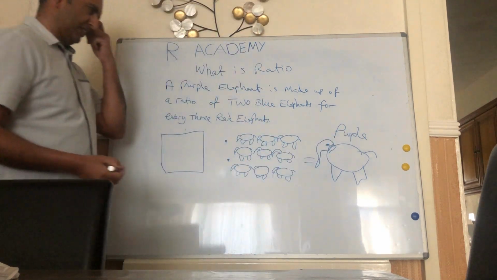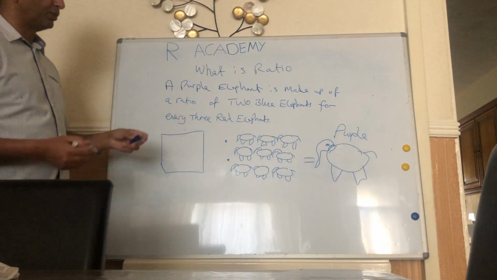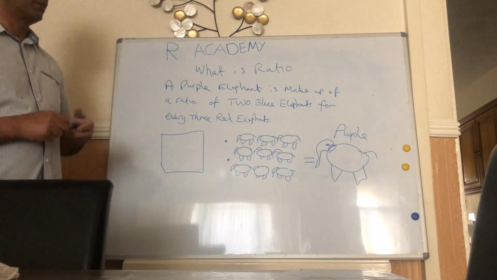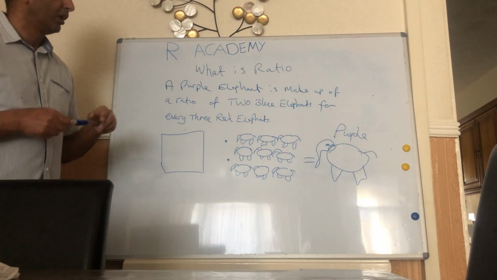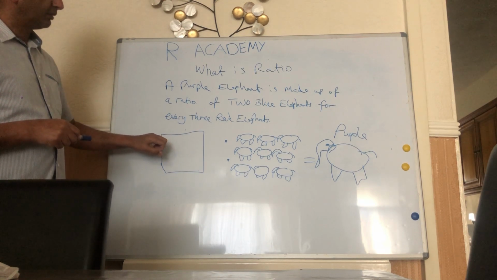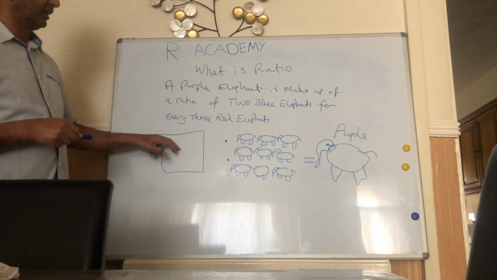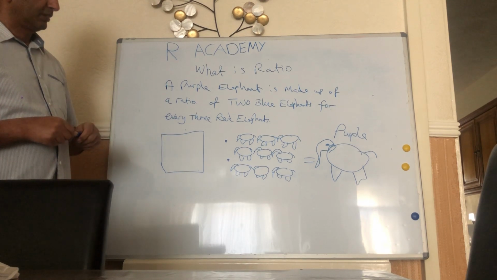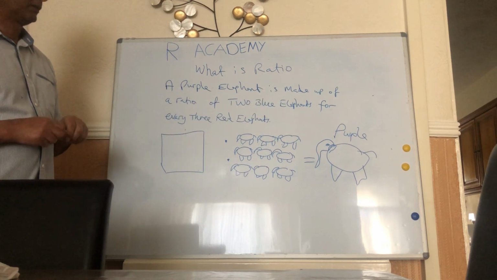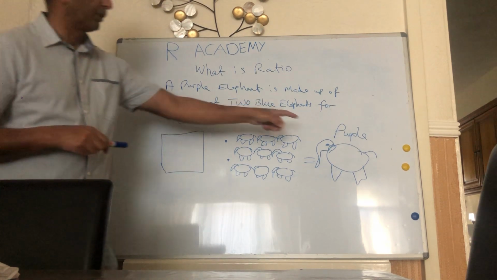Because really, red and blue mixed together makes a purple, which we call magenta, but purple. Okay? So how many blue elephants do we need here to make this purple, as a ratio, this purple big one?